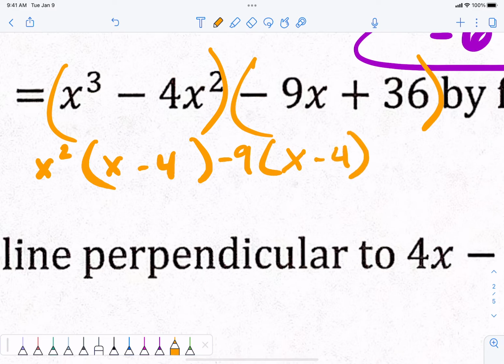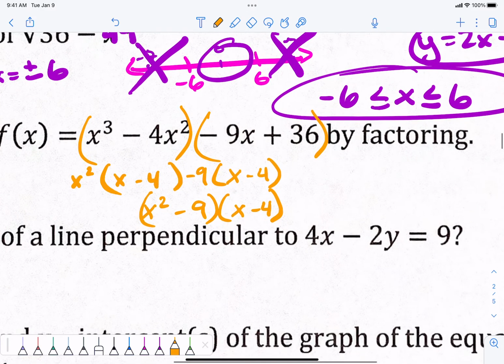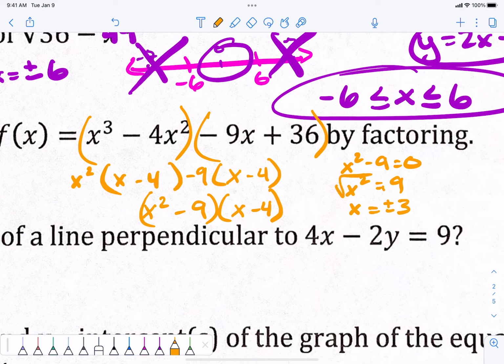So it's x squared minus 9 equals 0, and x minus 4 equals 0. So x equals plus or minus 3, x equals 4. Good job, Melanie.